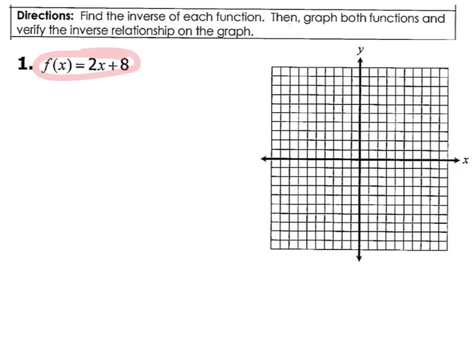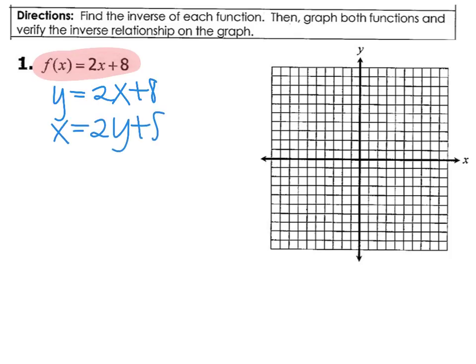So f of x equals 2x plus 8 is our original function. Now we want to find the inverse of this. So we're going to rewrite this as y equals 2x plus 8. Then we want to switch x and y. So it becomes x equals 2y plus 8.